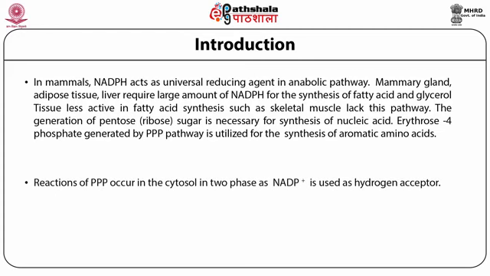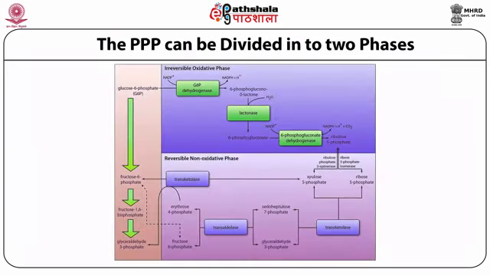Reactions of pentose phosphate pathway occur in the cytosol in two phases, as NADP plus is used as hydrogen acceptor. The pentose phosphate pathway can be divided into two phases. Phase 1 is called irreversible oxidative phase, and phase 2 is reversible non-oxidative phase.